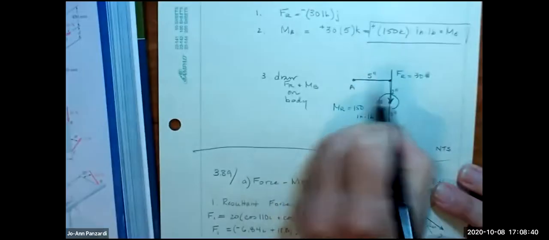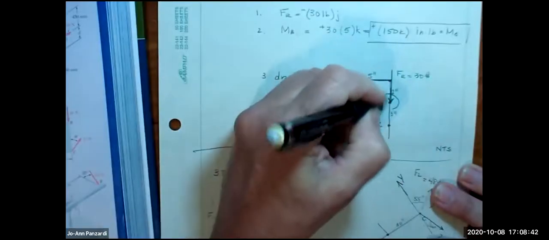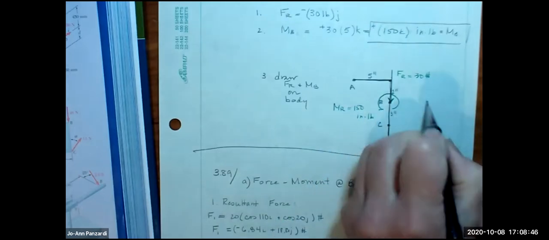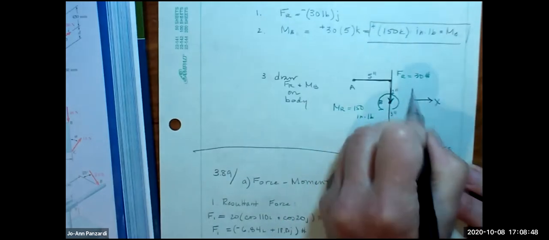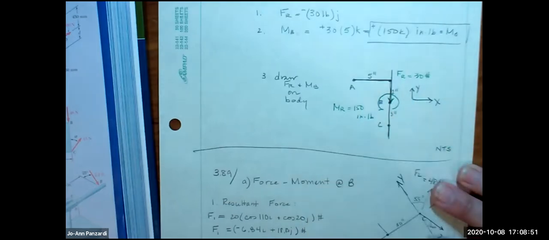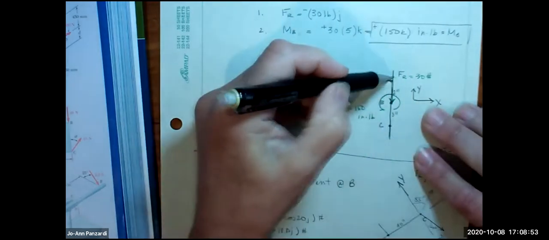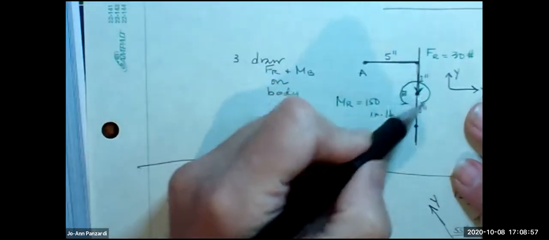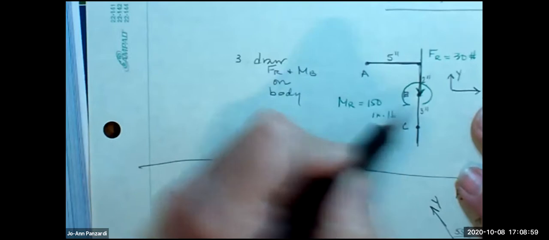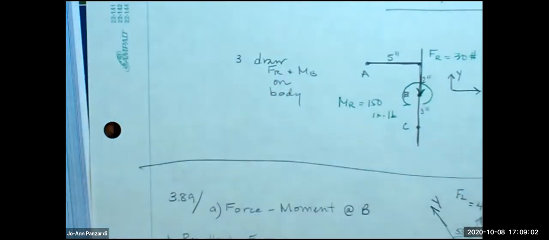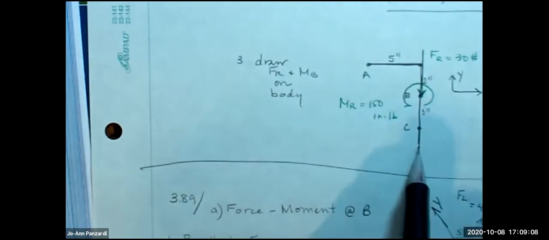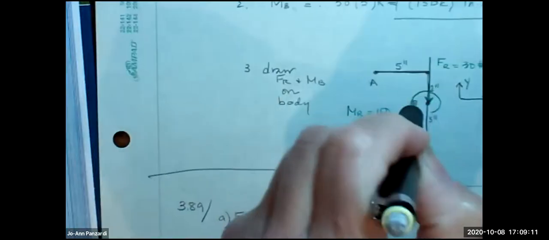What did it ask in the overview? Draw a free body diagram of the body with the dimensions, with the axes, and I am showing the force. If you could see the green, I am showing the force and the moment at point B. So the third step is to draw the body with the axes and the dimensions and draw the force and the moment at that point.